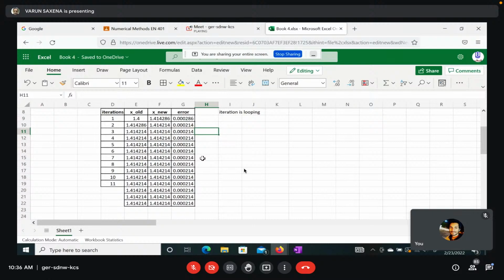So I hope that this example clearly illustrates what I mean when I say that numerical methods are stepwise, repeated, and iterative. And I hope this example also tells you the importance of choosing a reasonably decent initial assumption, right?